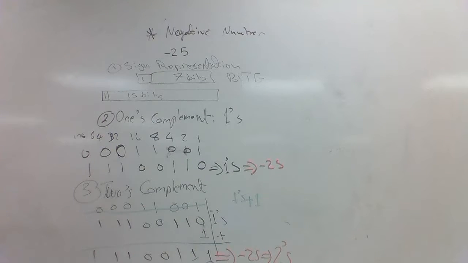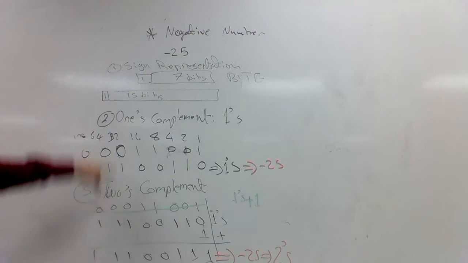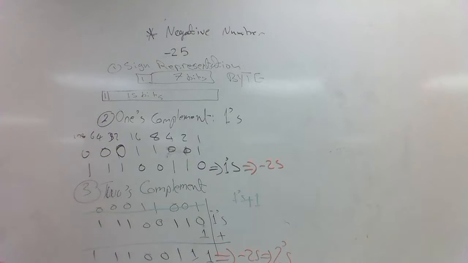Sometimes this is how to represent negative numbers: sign representation, having 1 bit for the sign, 0 positive, 1 negative; 1's complement, where I flip every 0 to 1 and every 1 to 0; and 2's complement, where I add 1 to the 1's complement.